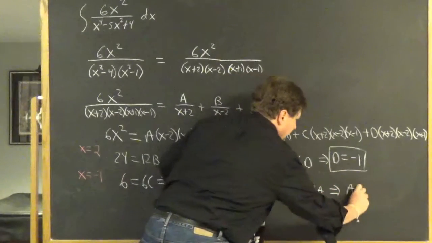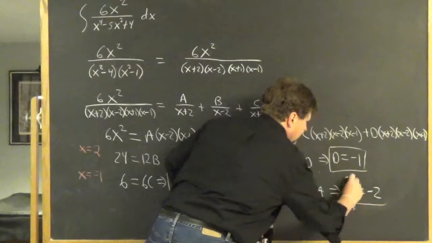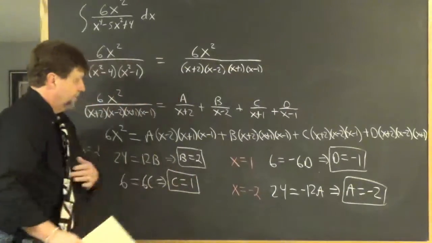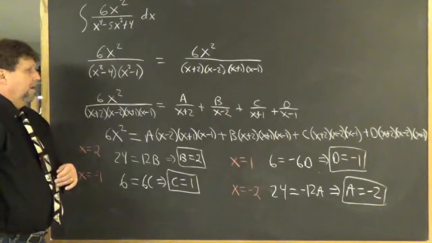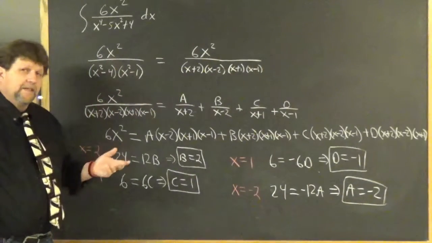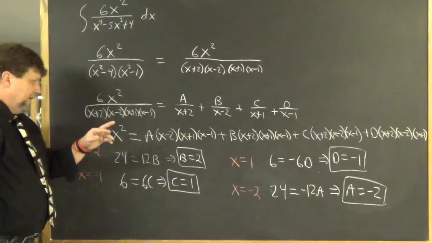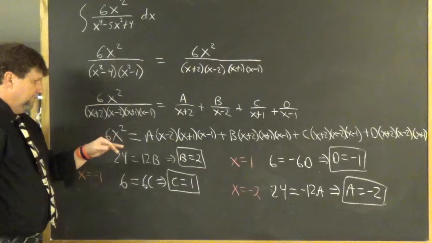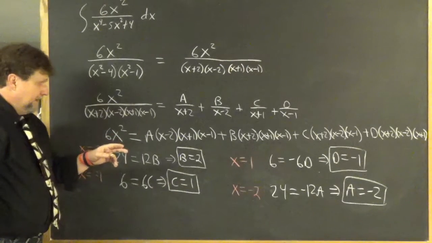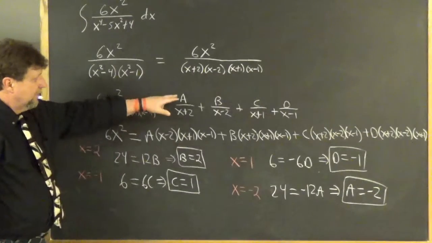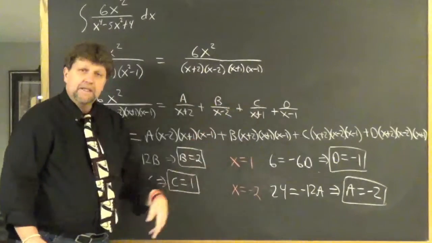That tells me A is negative 2. A lot of algebra, that's basically all it is. So I've determined A is negative 2, B is 2, C is 1, and D is negative 1.